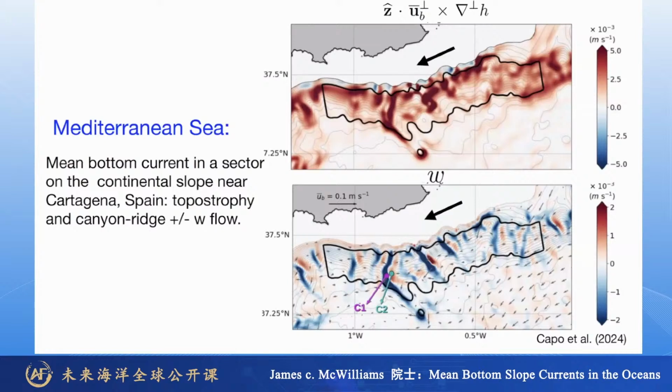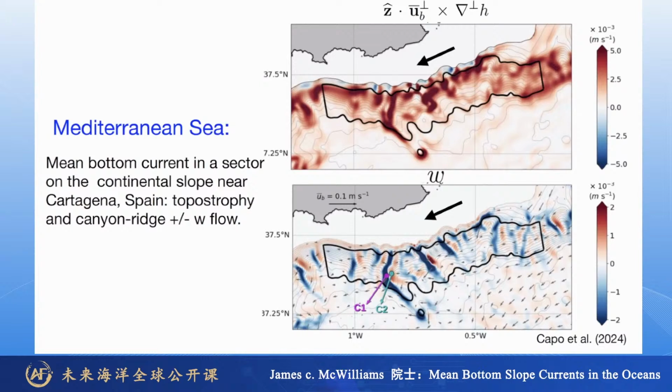And yet the average is the very simple pattern of, on average, downhill flow at the bottom, as you saw in the previous slide. This is a particularly clean example of topostrophic flow. Much of the world is not quite so simple as this particular sector is.